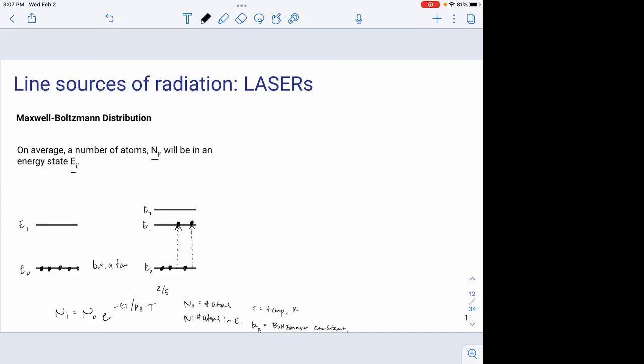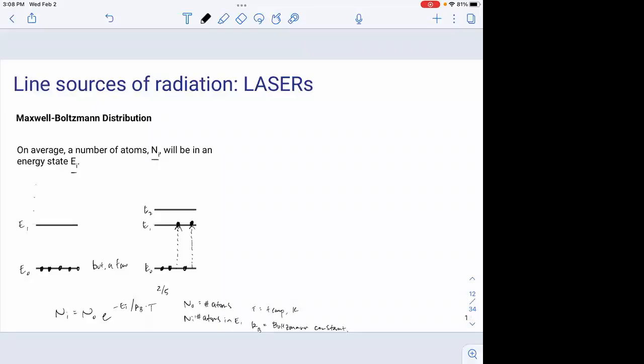The consequence of this mathematical relationship is that the higher the energy level, the fewer atoms or molecules will actually be in that high energy state.